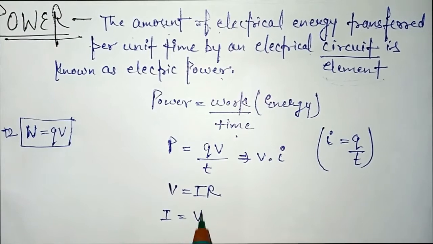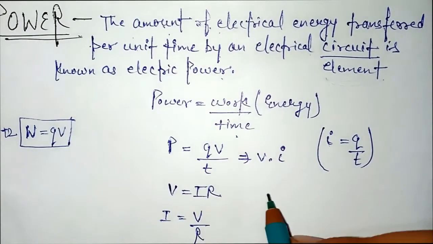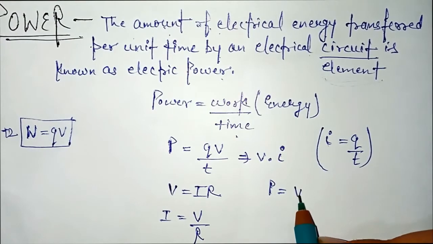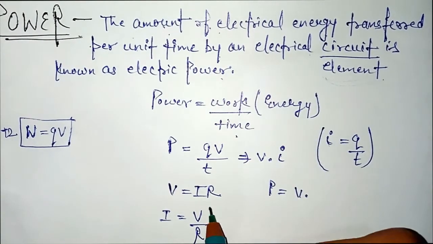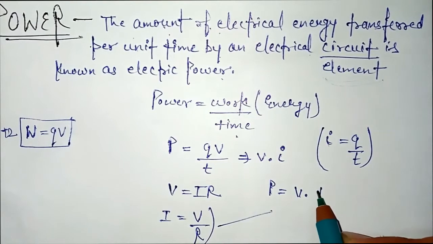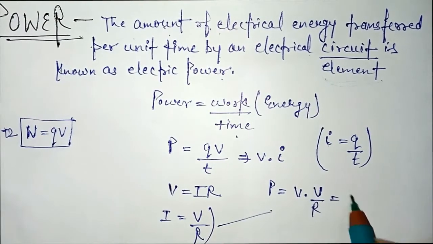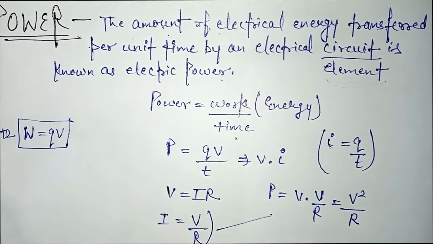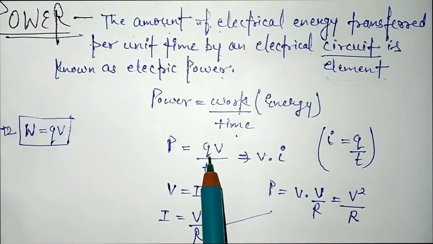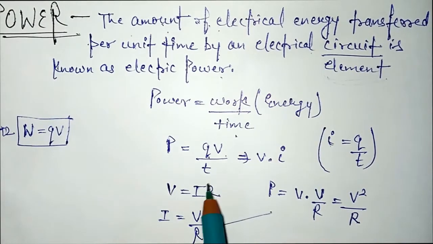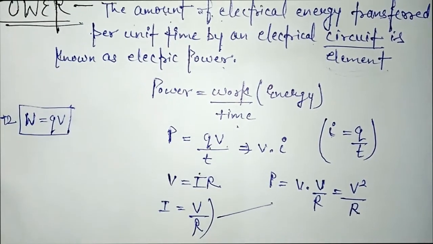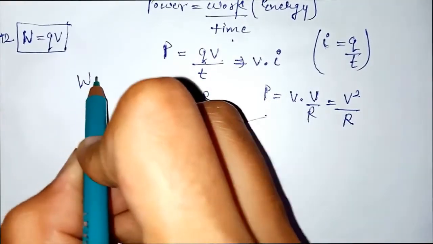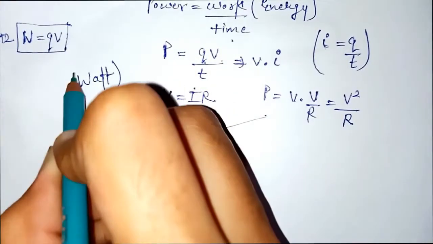Here, I is equal to V by R. P is equal to V into I, you can put the value of I from here: V by R, that is V square by R. Q is charge, V is potential difference, and T is time. SI unit of power is watt.